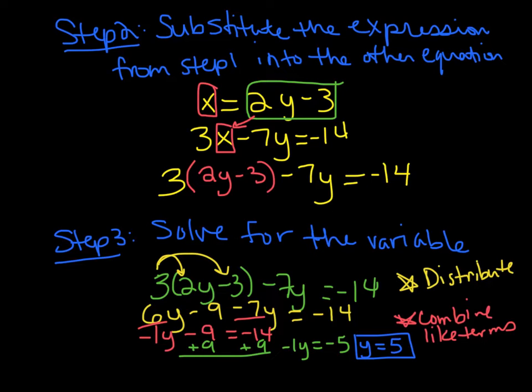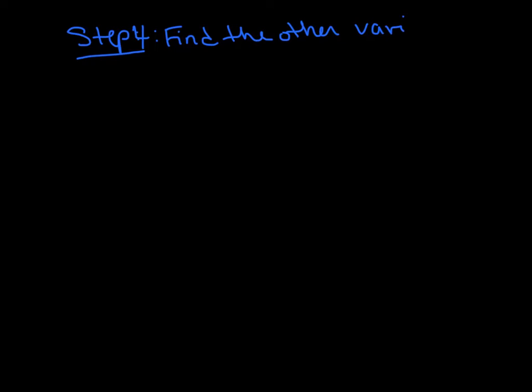I am not done. Remember when I said in the very beginning of the problem, our goal is to get an x and a y. So now we need to go back and find the x. So step 4 is going to be to find the other variable, in this case it's the x, using your original equation.